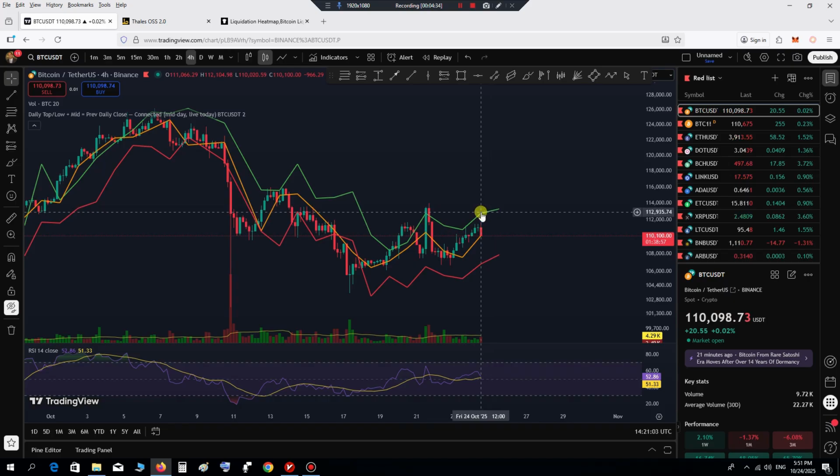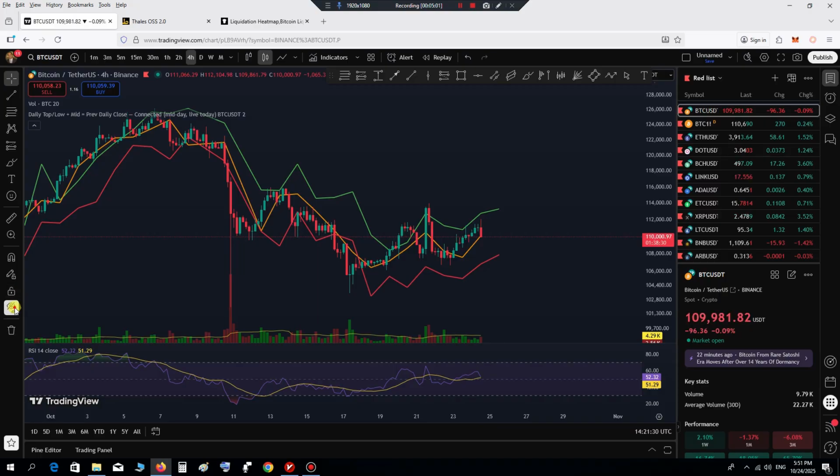Our ceiling has gone a bit higher compared to yesterday, and so has the floor. The trend is still upward, but right now we're near the top of this trend, just like we talked about yesterday. We're starting to lean downward, but within this fluctuation, we still have a gentle upward slope.